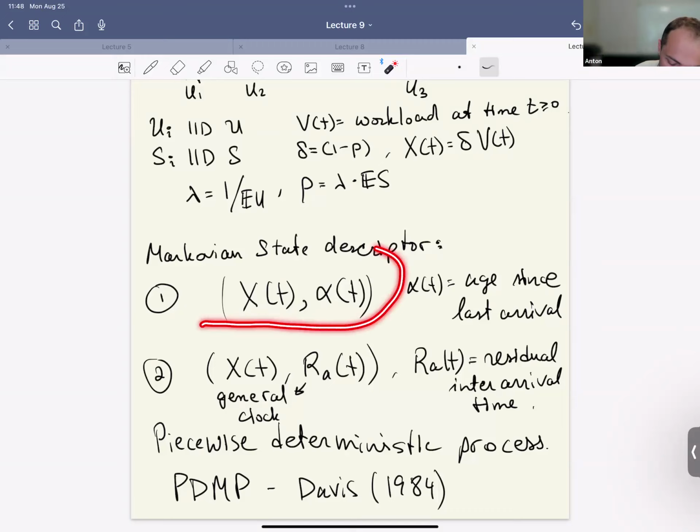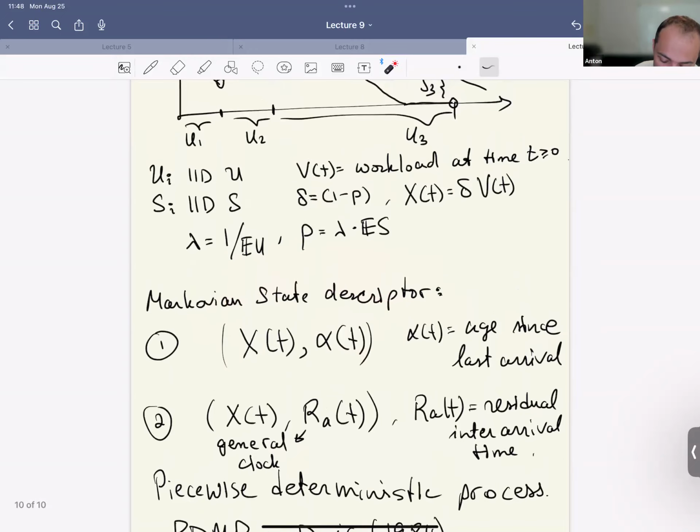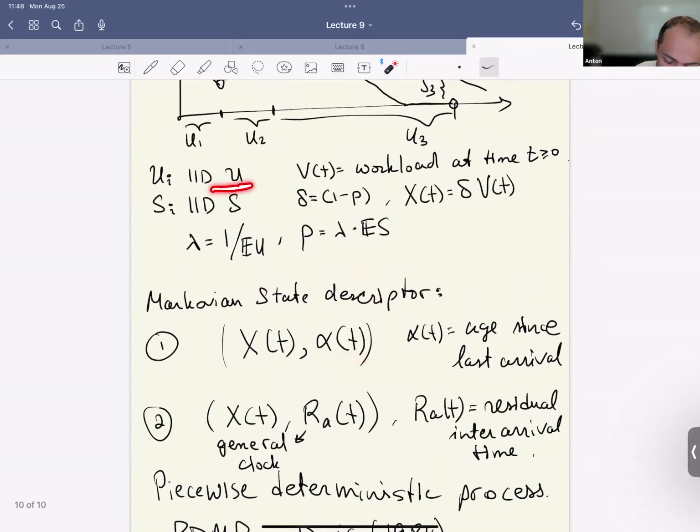So in order to have this be a Markovian state descriptor, we need a hazard rate. What does that mean? It means that the inter-arrival time distribution should have a density, or should have a hazard rate.